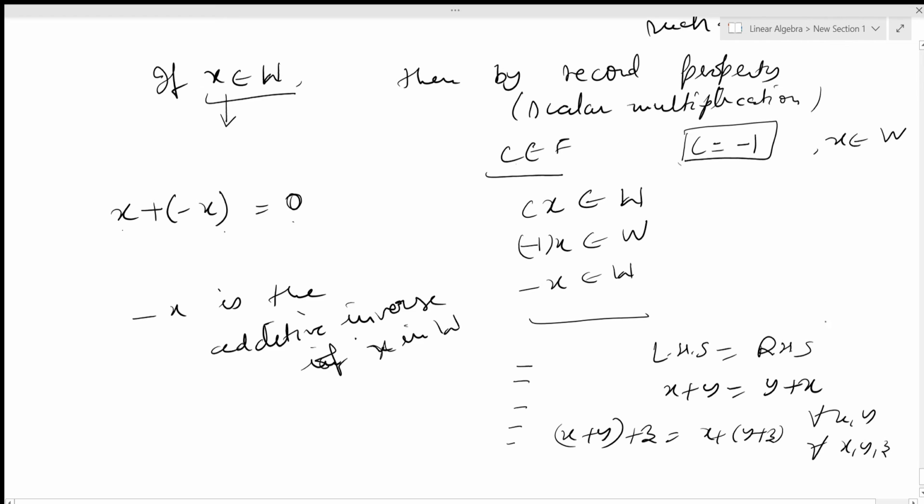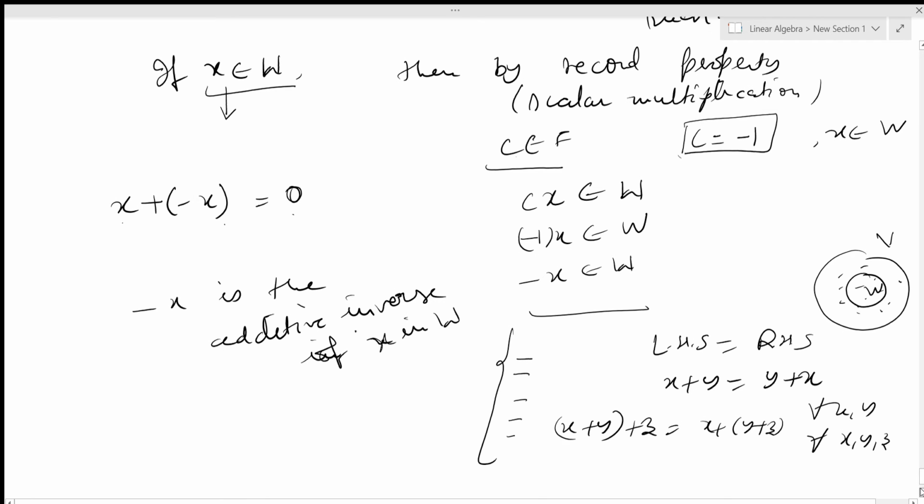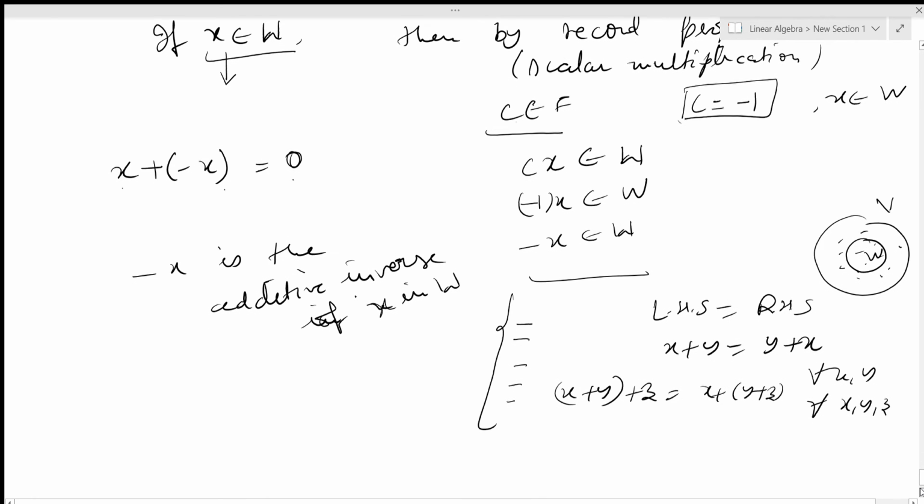If it is true for all x, y, z in V, that means this is true for W also. That means there is no need to prove all the remaining properties. So from this we can say that W is a subspace of V.